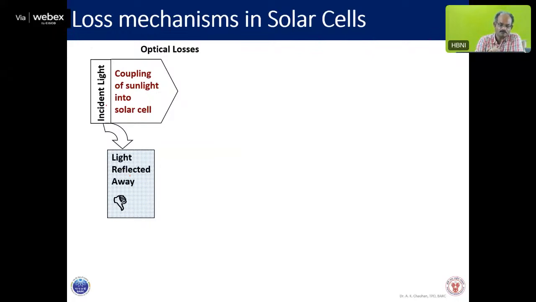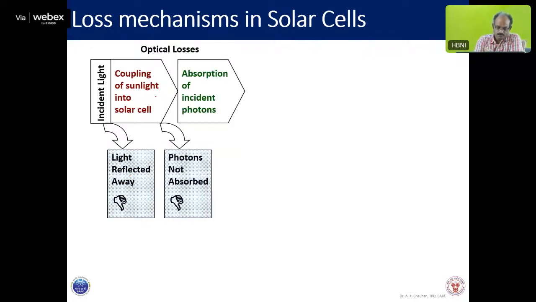Then suppose some part has been coupled. Now what will happen? The photon, though it has entered inside the solar cell, may be absorbed or may not be absorbed. If the photon is not absorbed, that is also a loss.